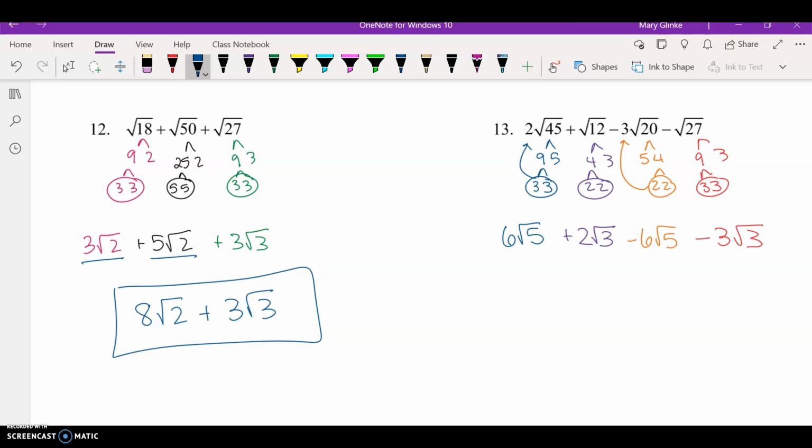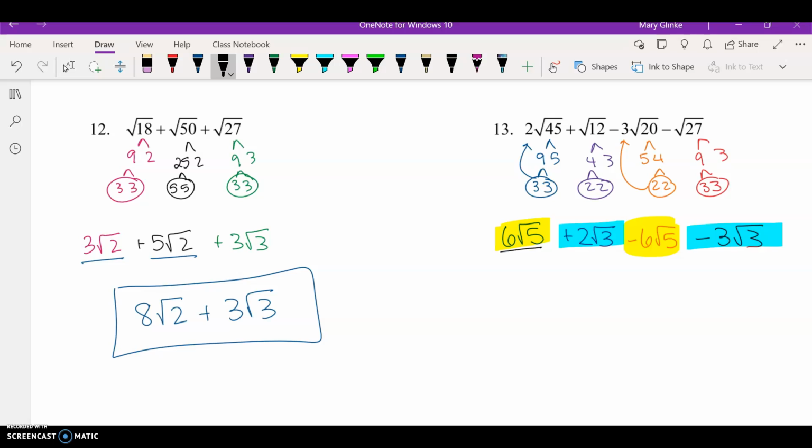For number 13, let's go ahead and check each of these terms. The first one should be 6 root 5 because of the 2 out in front, then 2 root 3, then minus 6 root 5, and then minus 3 root 3. So for this, we actually have two sets of like terms. We have the 6 root 5 and the negative 6 root 5. We also have the 2 root 3 and the negative 3 root 3.